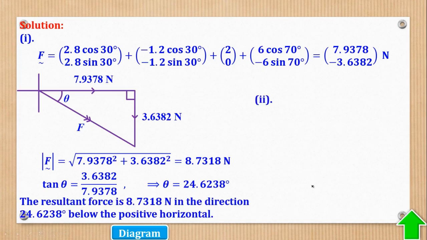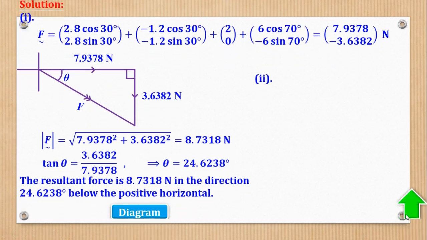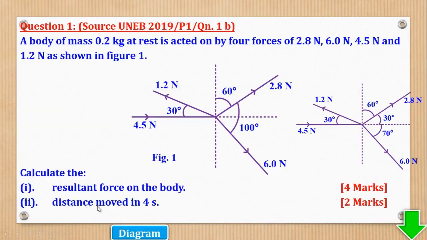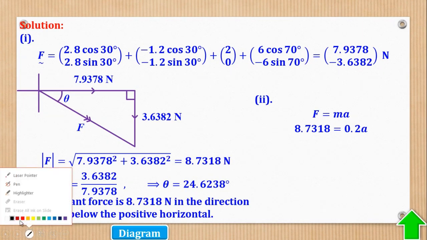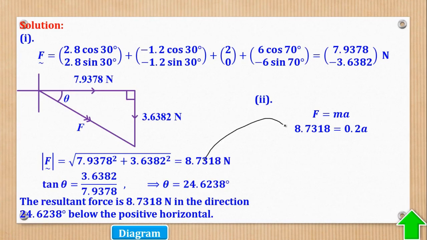That was part (i). Part (ii) says the distance moved in 4 seconds. So for distance moved, we need to first get acceleration. F is equal to ma. Remember we said F is the resultant force, that's why we're using this. Then mass and acceleration.